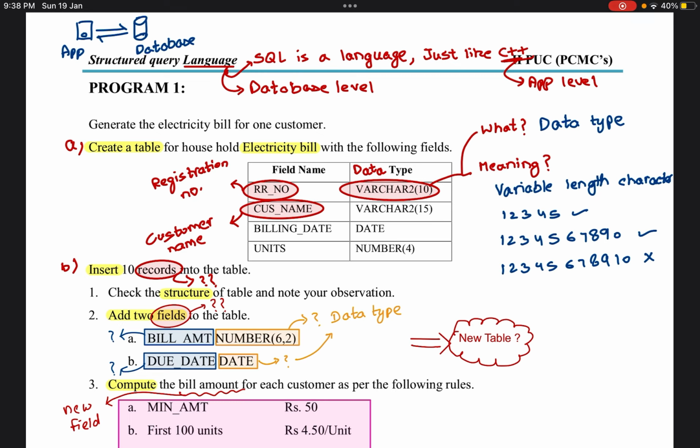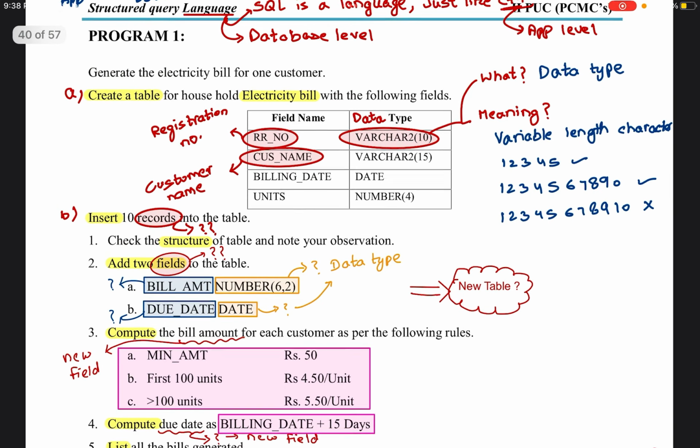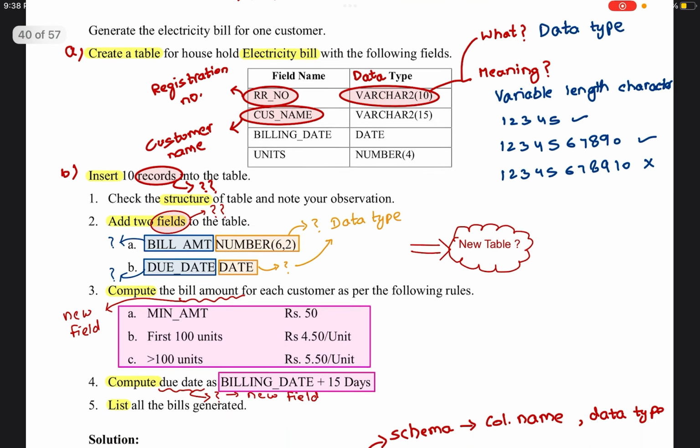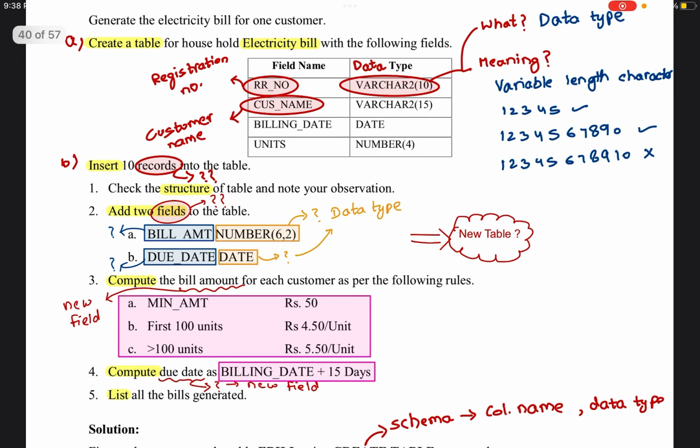Now, structured query language. It's a language, as you all know. For the sake of simplification there are two parts: this is the app and this is the database. At the app level we have studied C++, and at the database level we will study SQL. Now we'll start. First, this is our target.